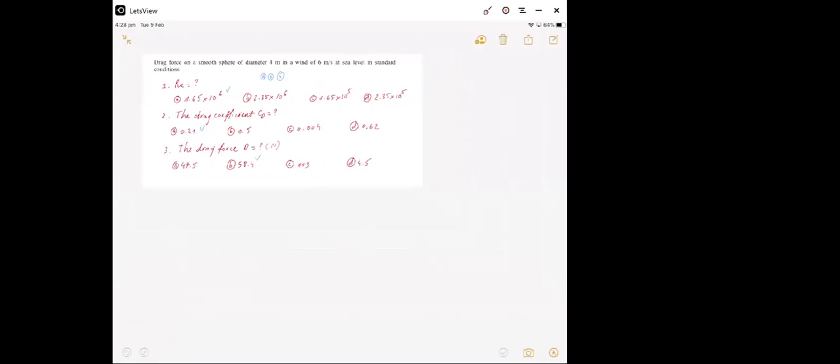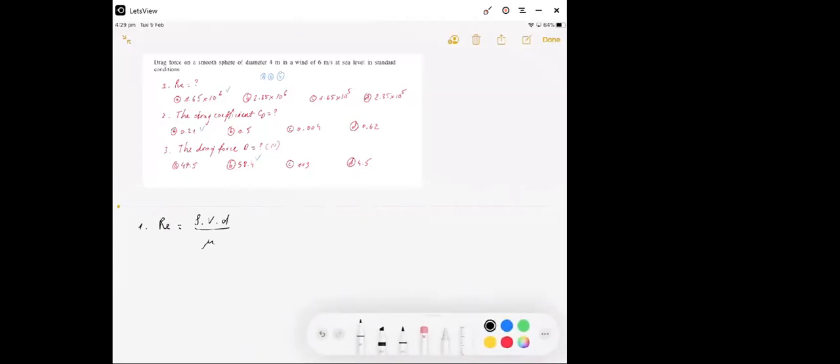So let's see. And I can see all of you have the right answer. That's good. Reynolds number, question 1, equals rho V D over mu. There's only one equation, and you will have the answer.